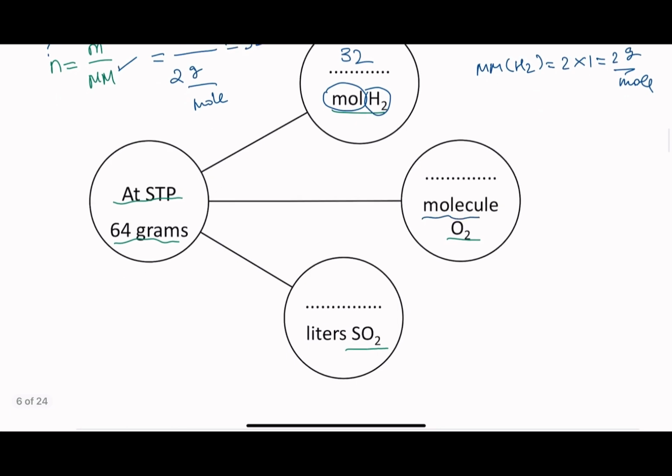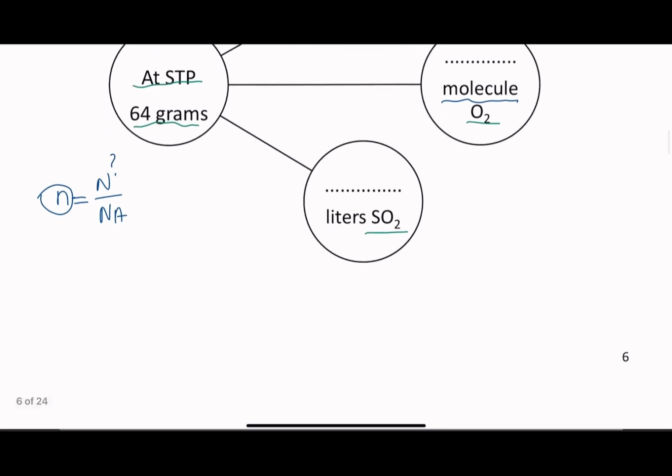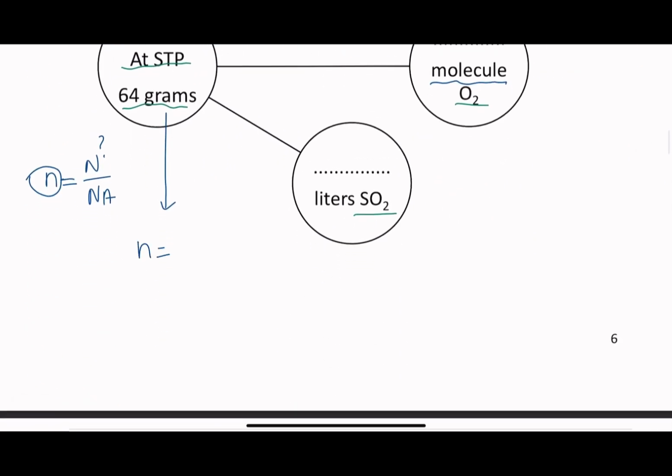So now it is asking the number of molecules of oxygen. So you need to go with the formula N equals n over Na. Before that, we need to know the number of moles to find the number of molecules. So for this one, we're going to use the formula again, n equals, this is our first step, m over MM.